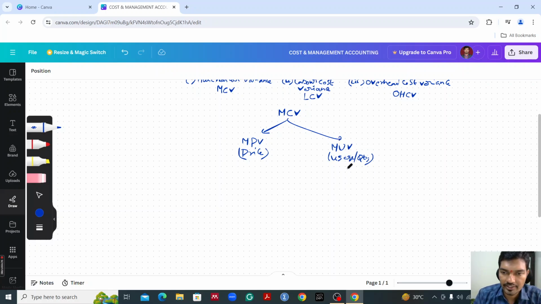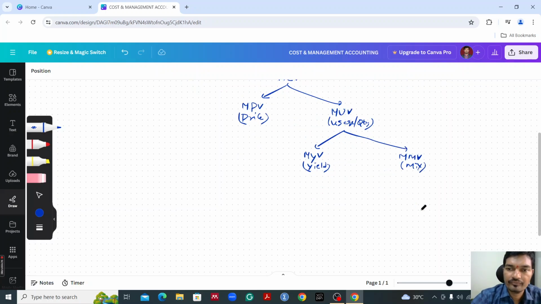And again under the MUV, subclassification is available: MYV, Y means yield, and MMV, M means mix here.